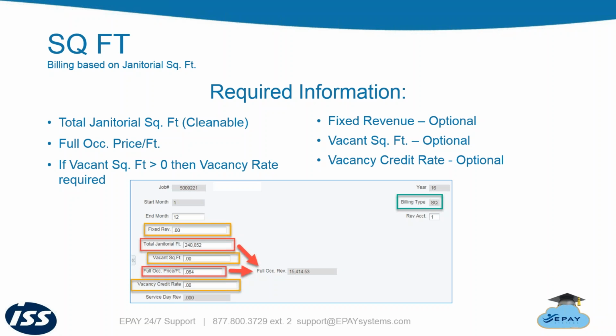Now, additional and optional fields would be if there was a fixed amount in addition to the revenue received per square foot or a vacancy credit rate. Please keep in mind, if you provide us with a vacancy credit rate, then we are going to ask you for the vacancy square footage so that we can calculate appropriately.